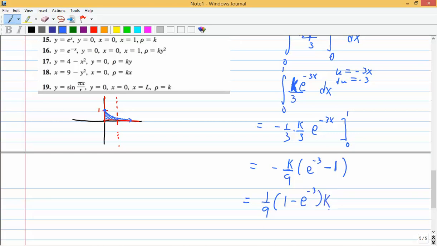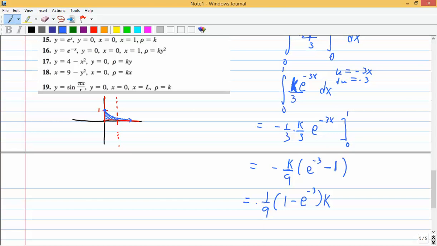Usually that's how it would be written as your final answer. That constant k is usually written at the end. Now, if you would have left it like this, it would not have been wrong. But I'm just telling you, if you were to look this up in the book, it's probably going to be written like that.